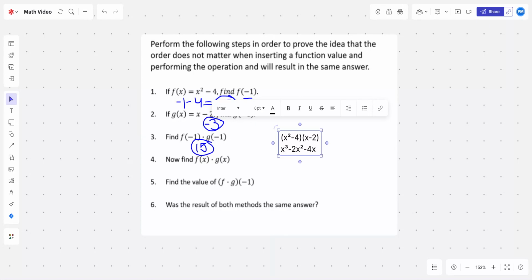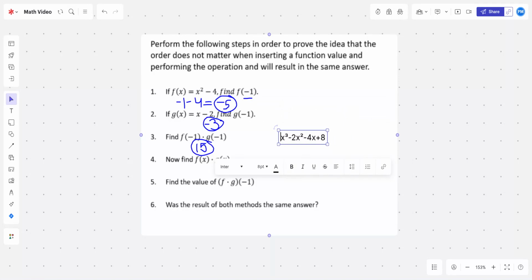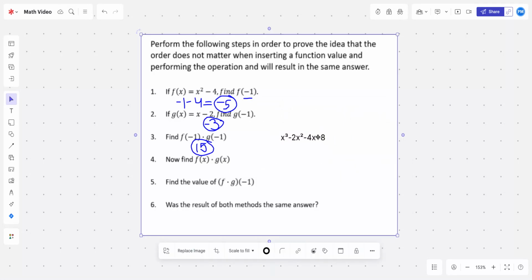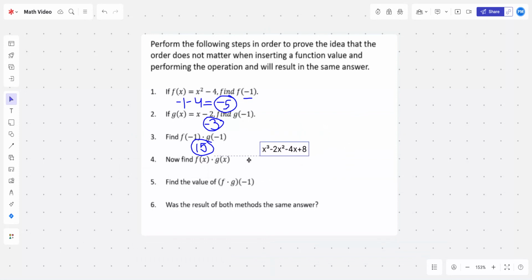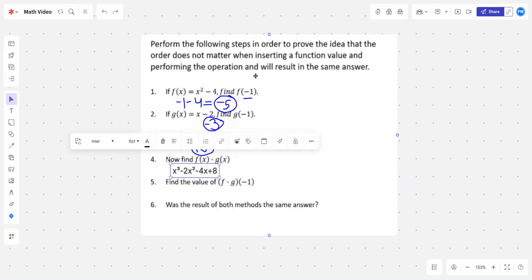And then last, negative 4 times negative 2. Negative times negative is positive, so 4 times 2 is 8, so we get plus 8. So this is what we get when we multiply f of x times g of x with no value of x given.